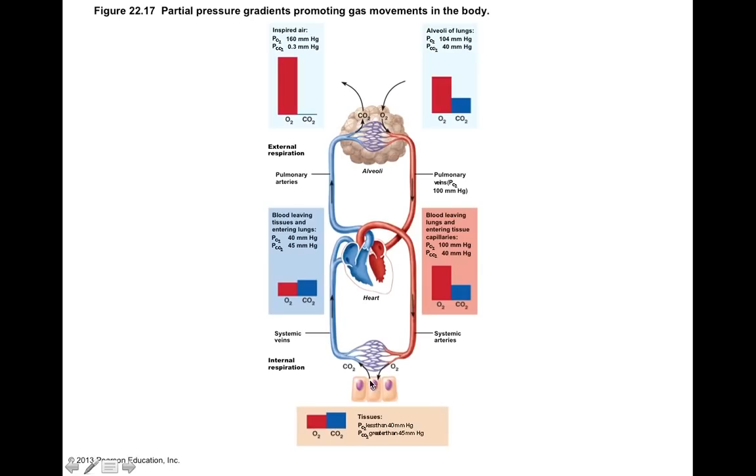Cool. How about CO2, you guys? Why are CO2 concentrations higher in the tissues? Or how are they higher, rather? Like, where'd that CO2 come from? So CO2 concentrations are higher in the tissues and lower in blood.